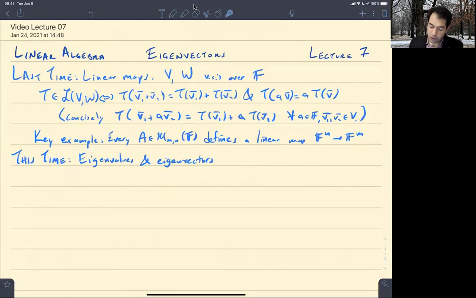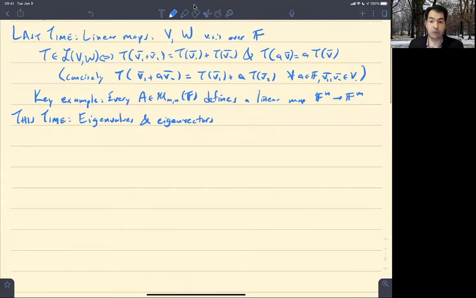Eigen comes from German. It means like owned by or the proper. So you would translate this as the proper values and the proper vectors, or the values and vectors owned by a linear map. But in any case, these words are the standard terms used in math.